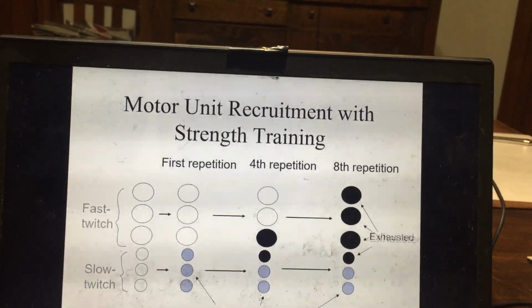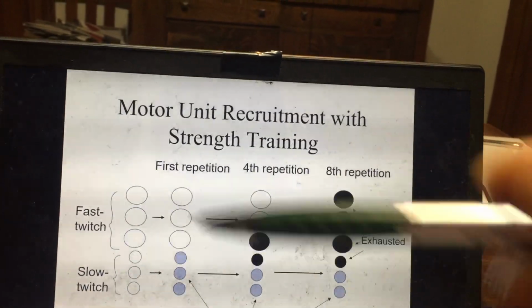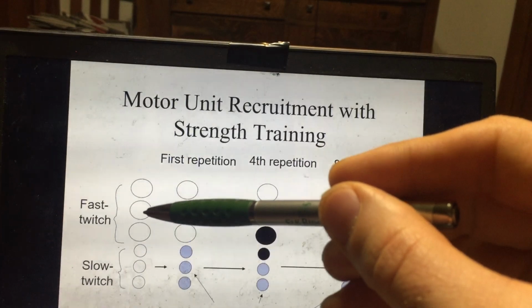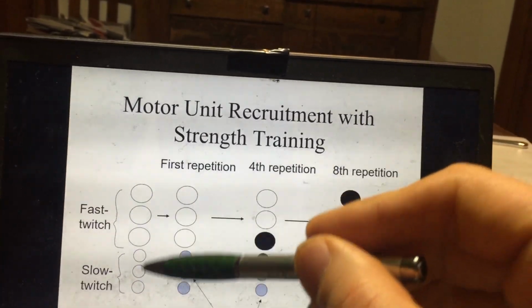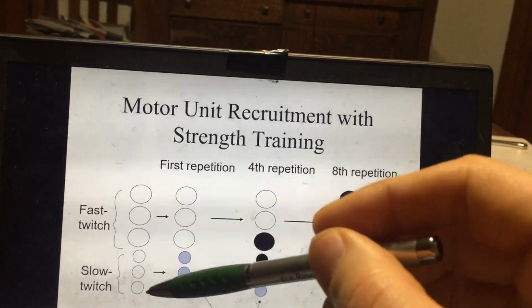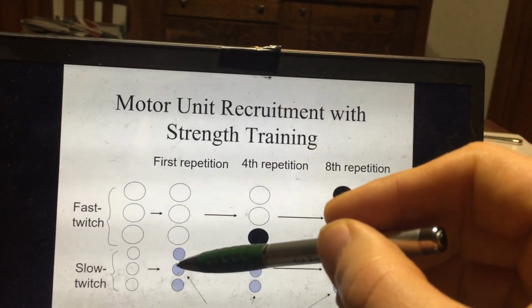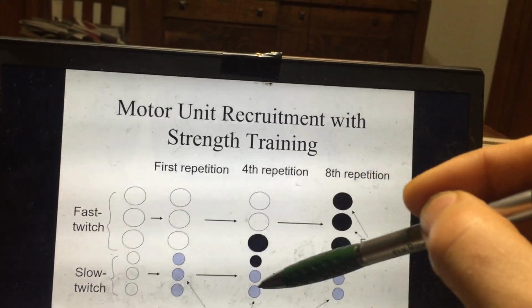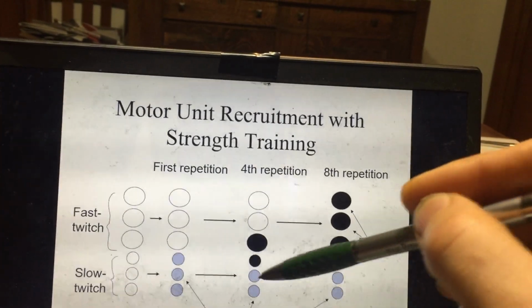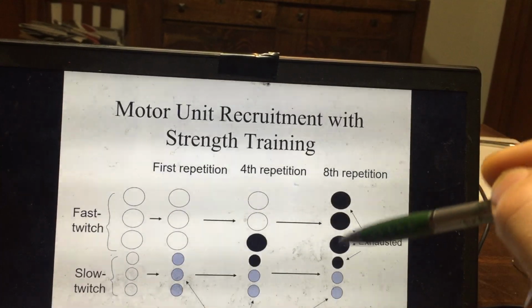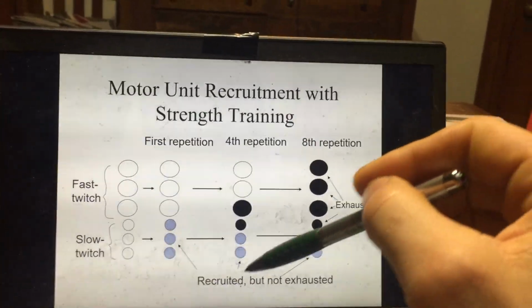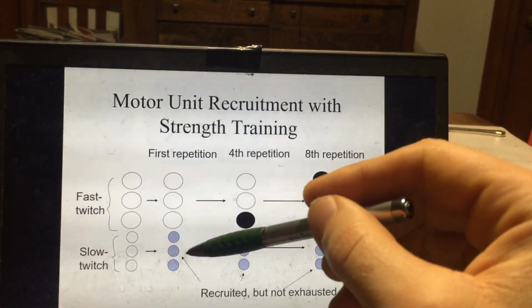The fast twitch ones are your large motor units or motor neurons, and the slow twitch ones are your smaller motor units. So you can see the slow twitch get recruited first, and then they largely remain recruited, with few of them being exhausted by the eighth repetition. Again, the ones that are recruited are the gray ones.